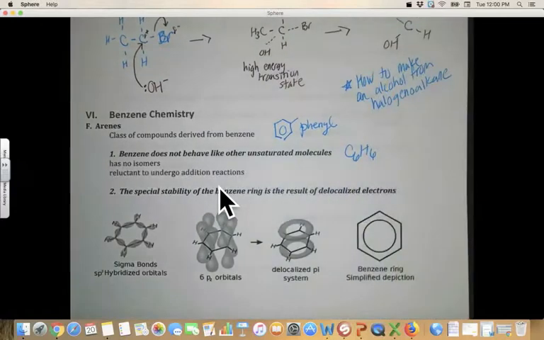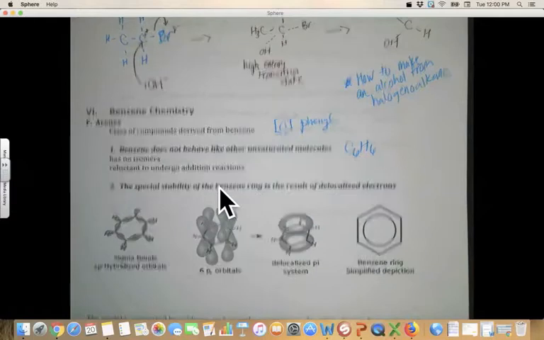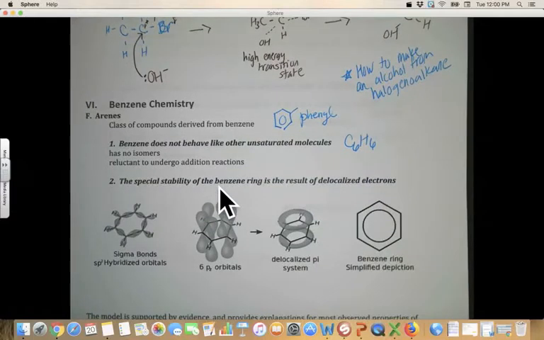Michael Faraday figured that out ages ago, like 1825, but then they couldn't figure out how it is arranged. And it puzzled everyone because it doesn't act like other unsaturated molecules. It doesn't have any isomers, and it doesn't undergo addition reactions very well. If it just had double or triple bonds, it would undergo those addition reactions, but it doesn't.